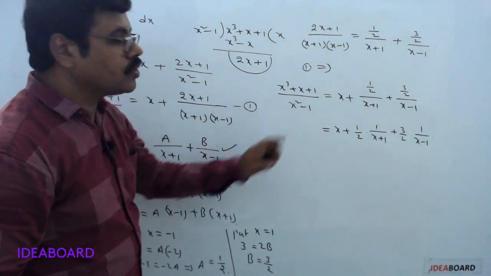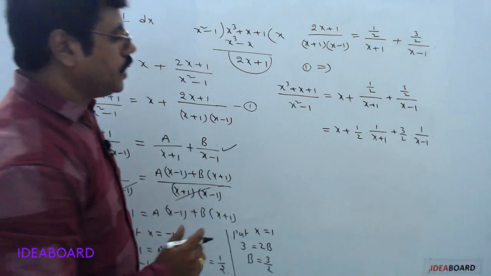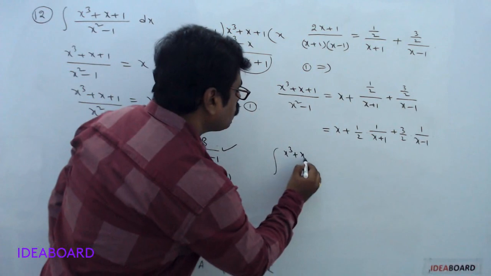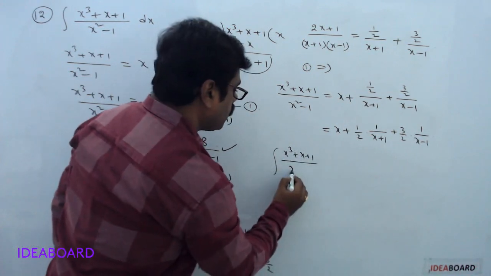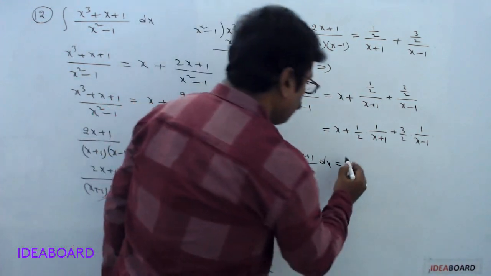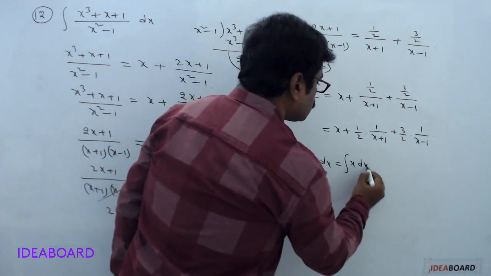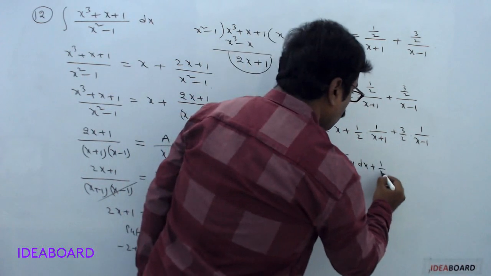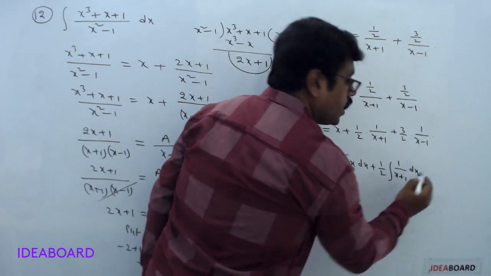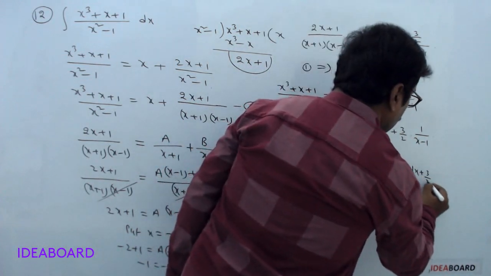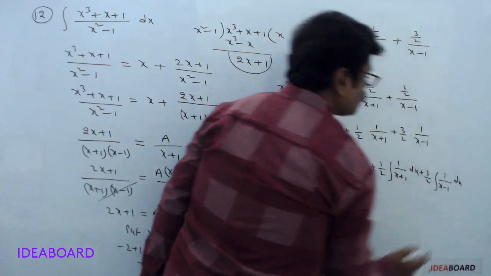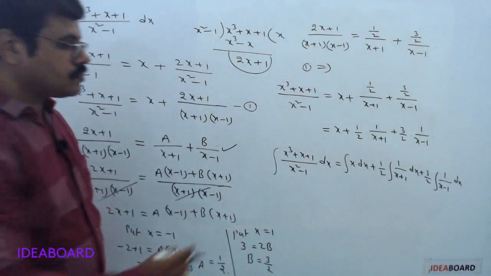Then integrating on both sides with respect to x. So this is integral x cube plus x plus 1 divided by x square minus 1 dx equal to integral x dx plus 1 by 2 into integral 1 by x plus 1 dx plus 3 by 2 into integral 1 by x minus 1 dx.